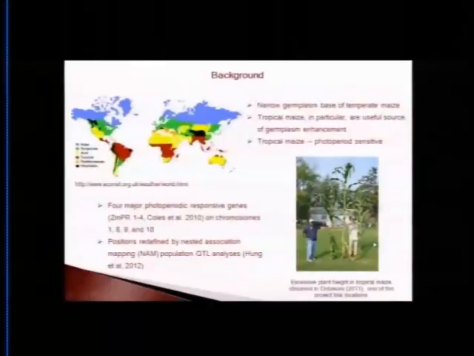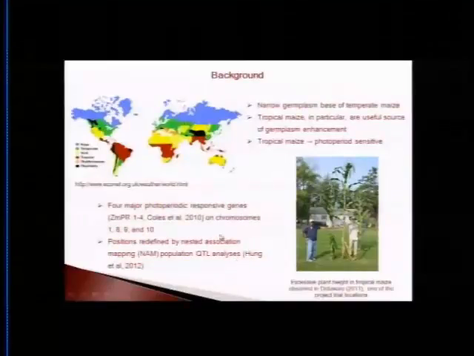The positions of these loci have been redefined by analysis in nested association mapping population. So the genome architecture for my work is based on these two studies by Coles and nested association mapping analysis.